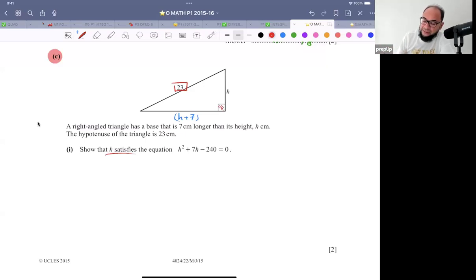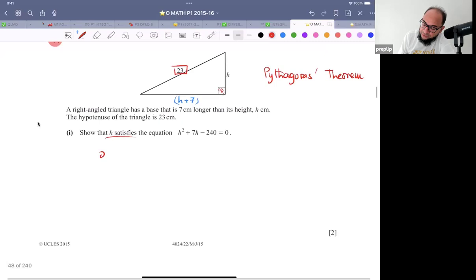If I am interested in forming this equation, this is basically about Pythagoras theorem. So we will say 23 square is equal to h square plus h plus 7 whole square. Now this is a paper 2, by the way.